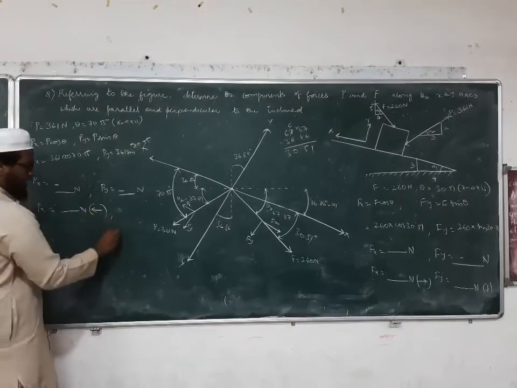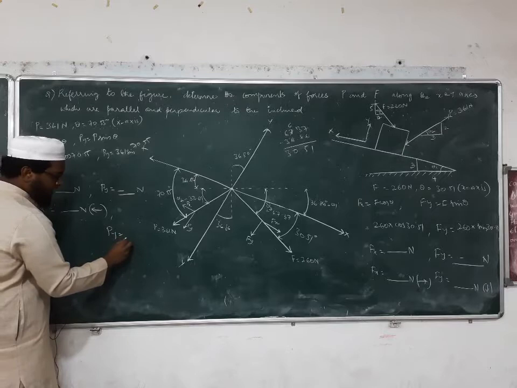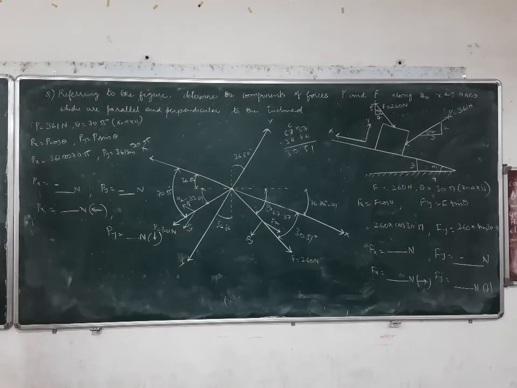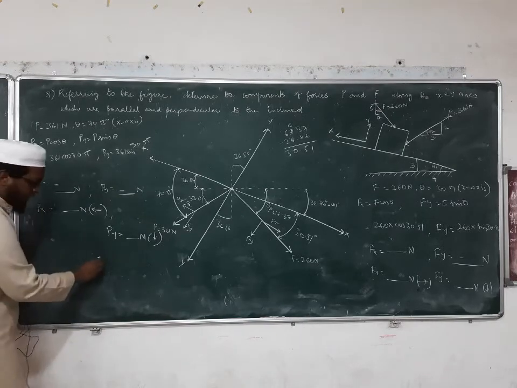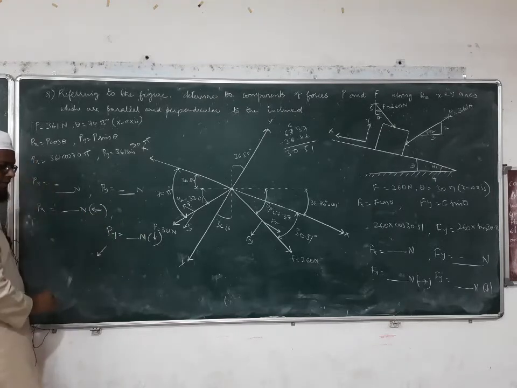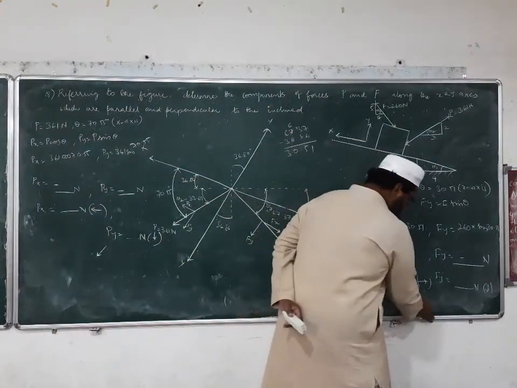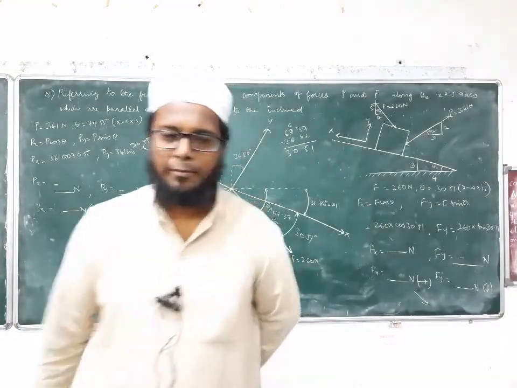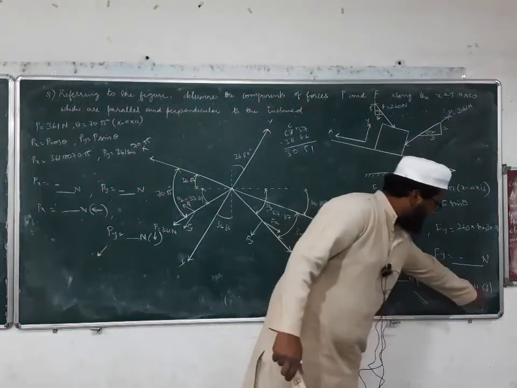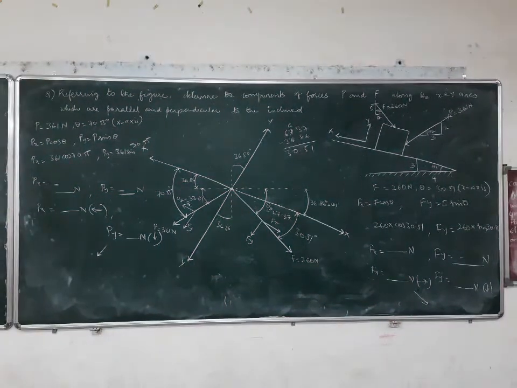And for Py also, since it is in negative direction, whatever value you get, you can write an arrow downward. Or else we can directly write that it is going in third quadrant, and here it is going in fourth quadrant. Best is to provide these types of directions, horizontal or vertical, directly.